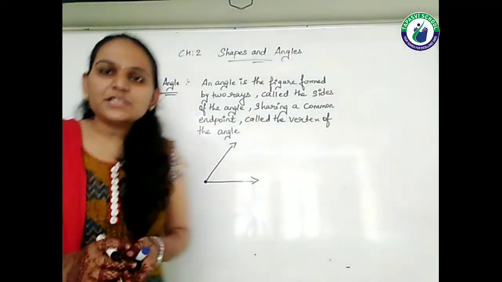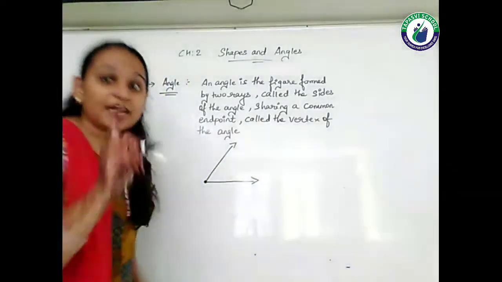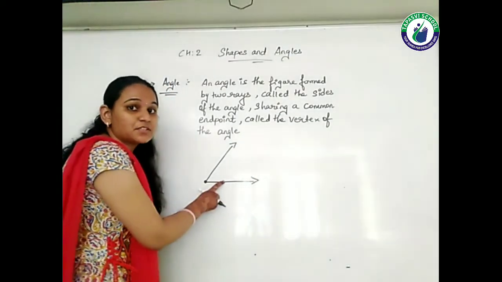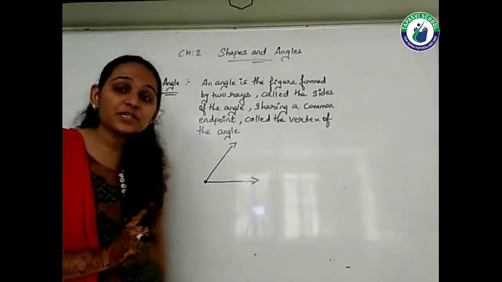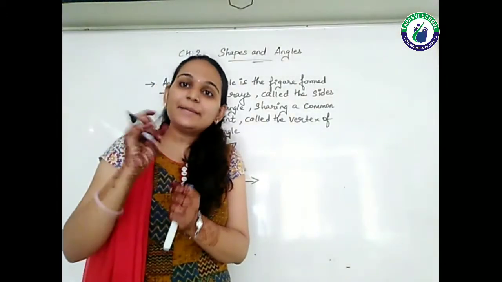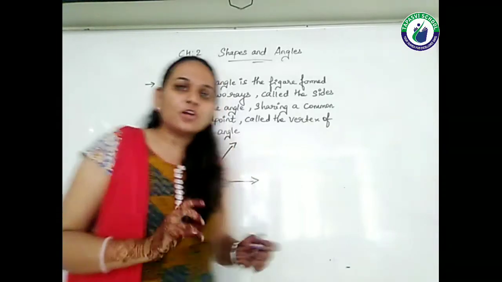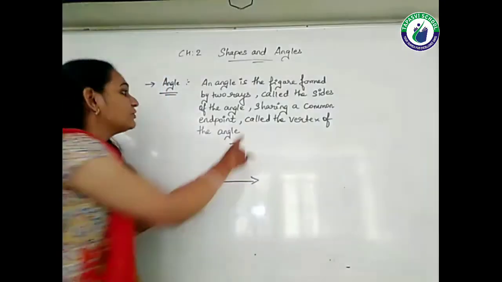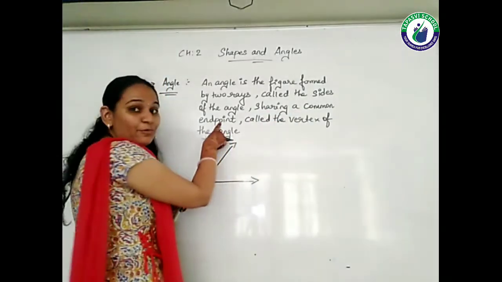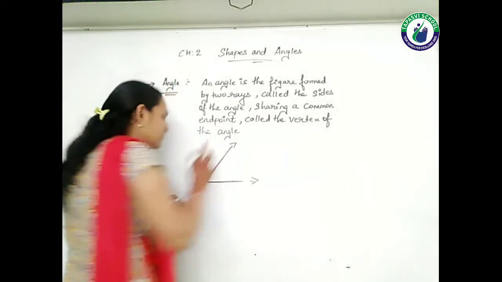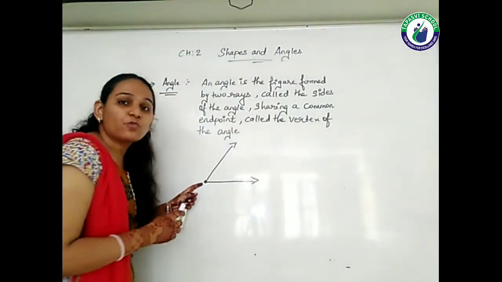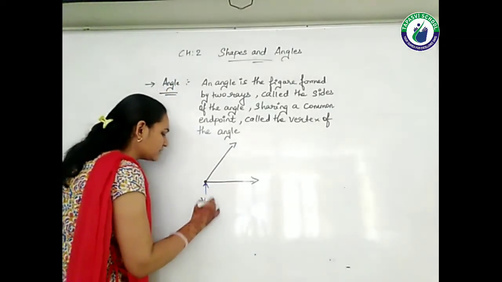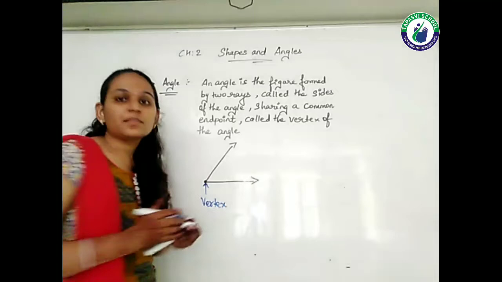Okay, now can you see this figure, students? See, I have drawn two rays. This is my first ray and this is my second ray. As I have already told you, ray means the starting point is fixed but the ending point is not fixed. That means both rays start from one common point, which is called the vertex of the angle. This common point between both rays is called the vertex.